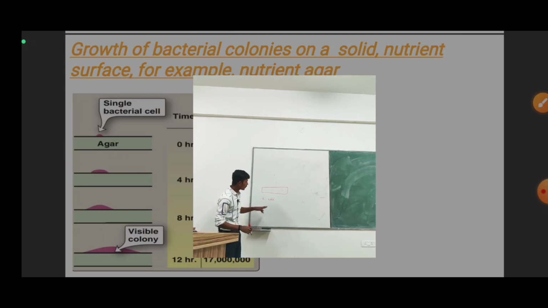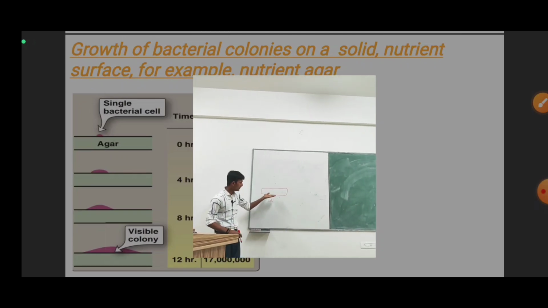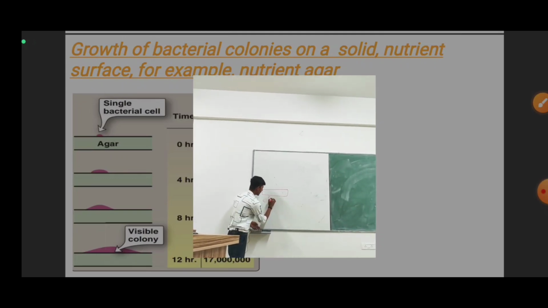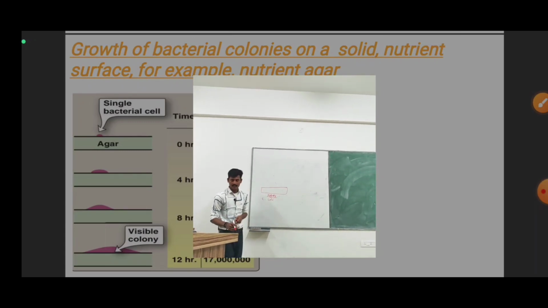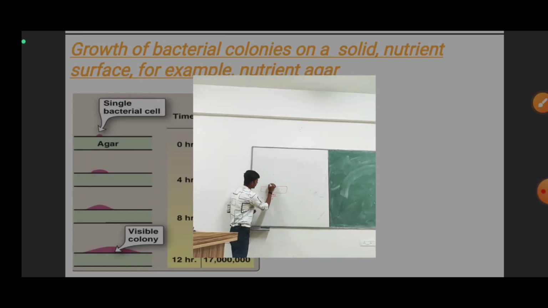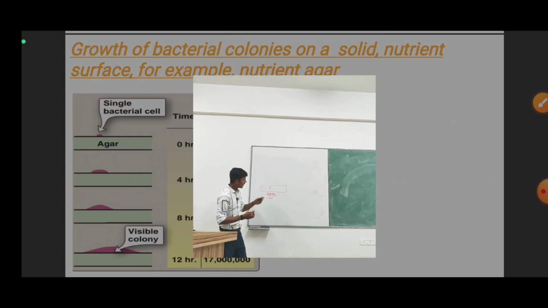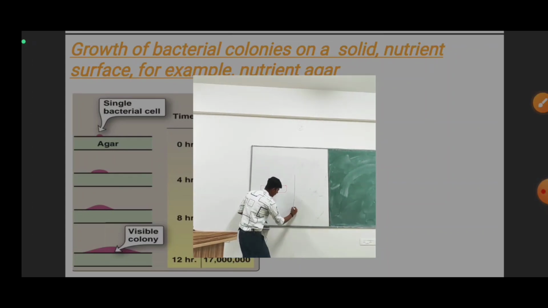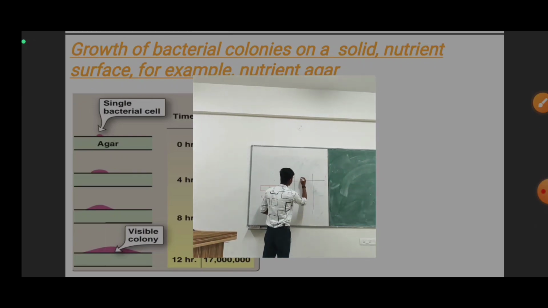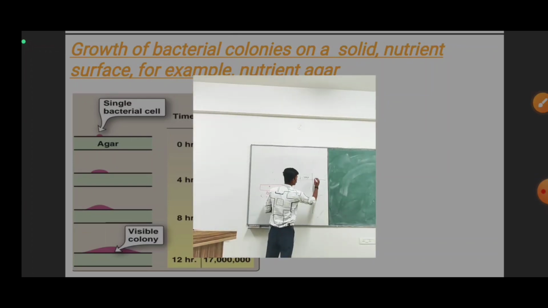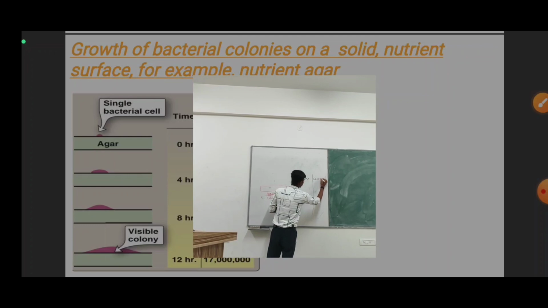For E. coli growth, the type of media needed is the agar plate. So we put one cell of bacterium in the agar plate, and here we interpret two things: time versus growth, or cell number.